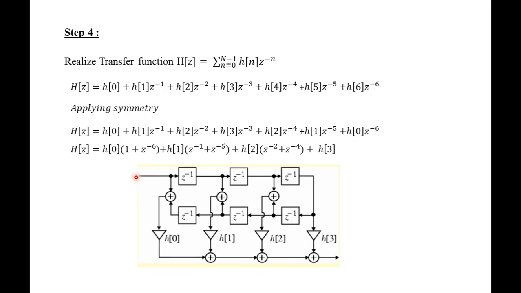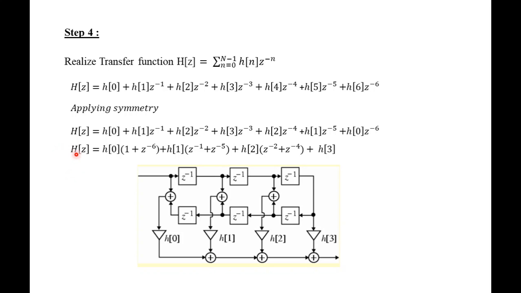So it is nothing but your input over here plus the same input delayed by z power minus 6. So there are 6 delays involved, and the output of the sixth delay and the initial input x are both added together and multiplied with h of 0 to give what is called y.